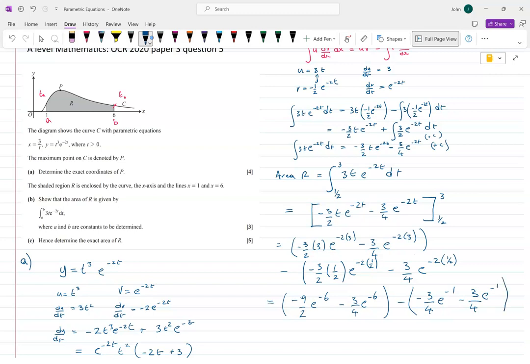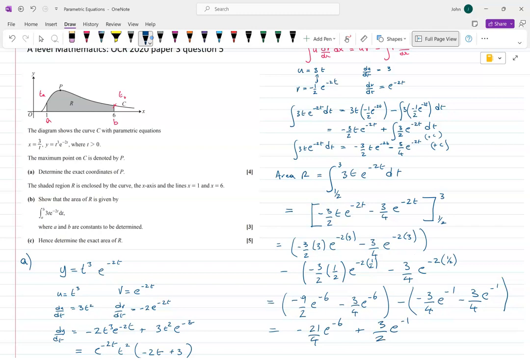So these two together simplify, and that's going to be minus 18 and minus 3, so that's minus 21/4 e to the minus 6. And this here, we're going to have those two combined to give us 3/2, but it's negative 3/2, but it's positive, so that's plus 3/2 e to the minus 1.